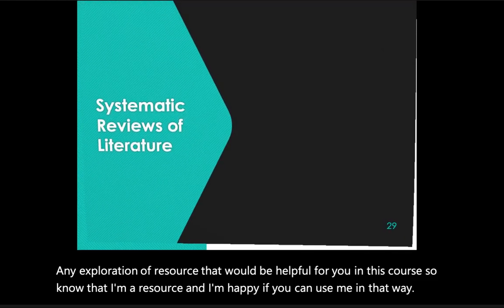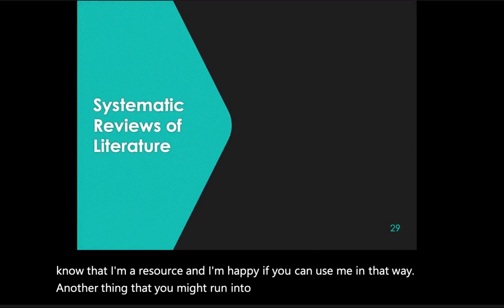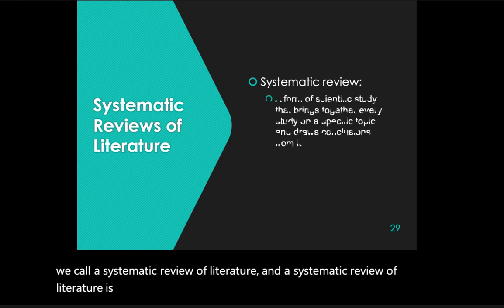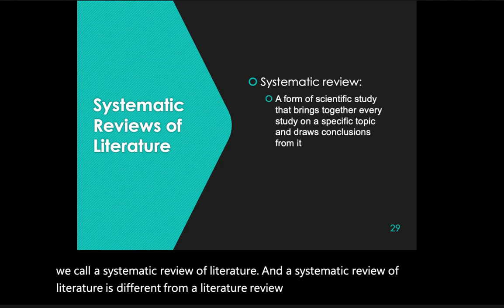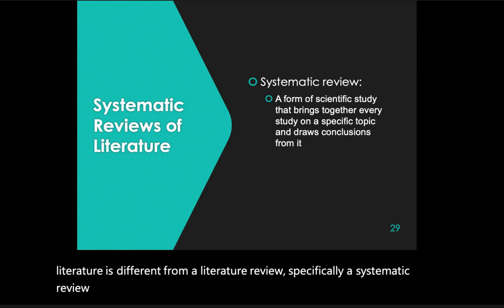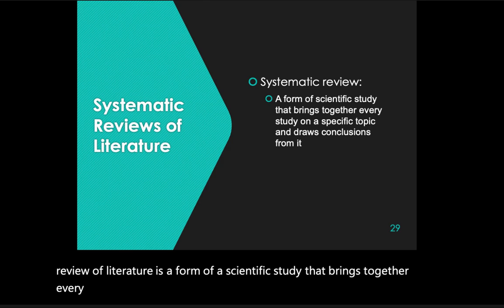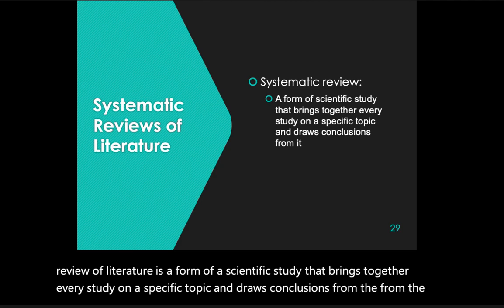Another thing that you might run into while you're doing research is what we call a systematic review of literature. And a systematic review of literature is different from a literature review. Specifically, a systematic review of literature is a form of a scientific study that brings together every study on a specific topic and draws conclusions from the summation of all of those articles.